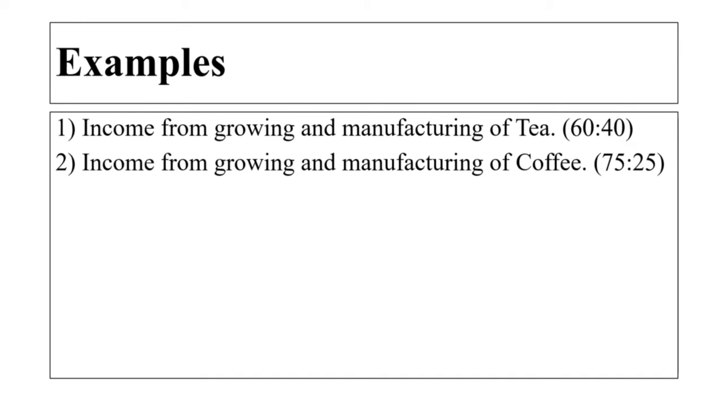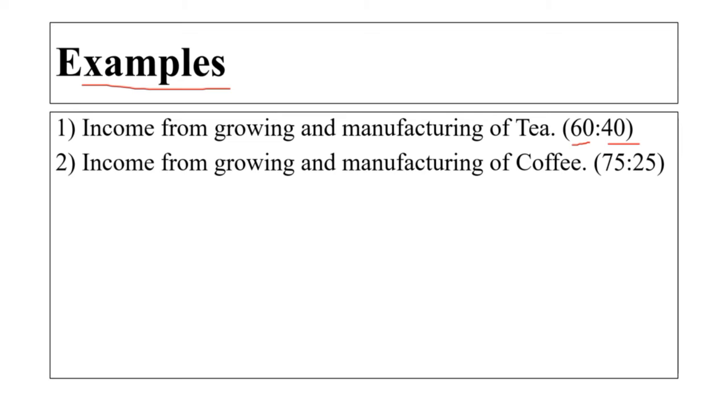As I said, there is some agriculture income which is partly treated as agriculture and partly as non-agriculture income. An example is the income from growing and manufacturing tea. For the people who are growing tea, 60% of the income they get will be treated as agriculture income.